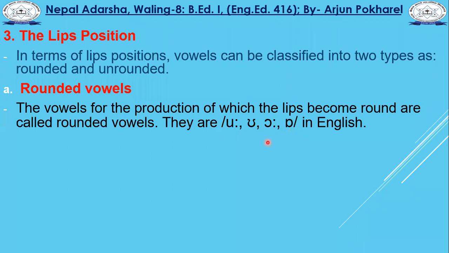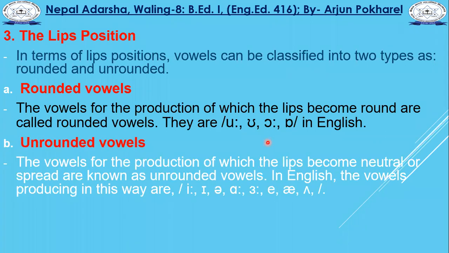Now let's move to the next one. What happens to our lips in the production of unrounded vowels? The vowels for the production of which the lips become neutral or spread, either in neutral position or in spread position, we put under unrounded vowels.